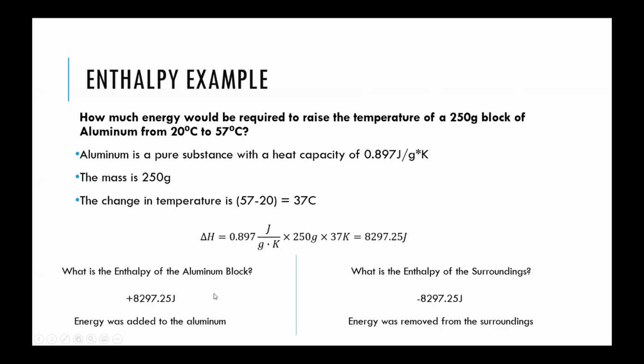This is the amount of energy that is added into the aluminum, but it has to come from somewhere. So it's coming from the surroundings. If you're adding temperature, you're removing it from someplace else and transferring it to the aluminum so that it increases in temperature. Enthalpy is very direction-based.